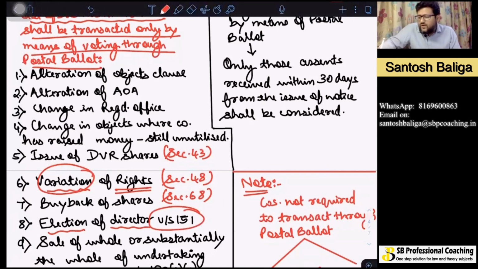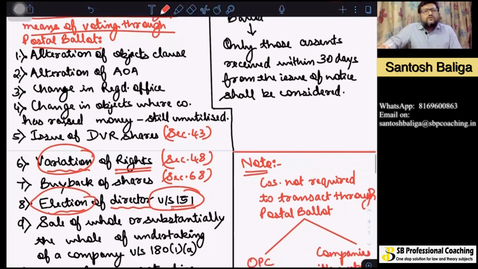Section 151 is in your CA final syllabus. So when you come to CA final, you can go through that video of mine, which is explaining about section 151. So currently, just understand, in case of election of directors, the resolution will be passed by postal ballot.